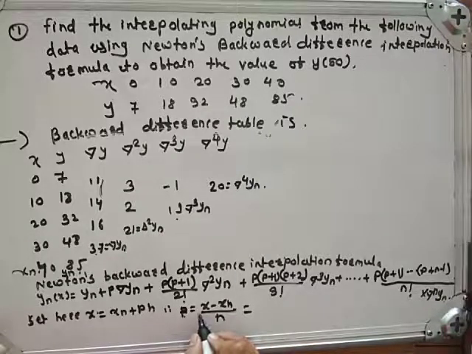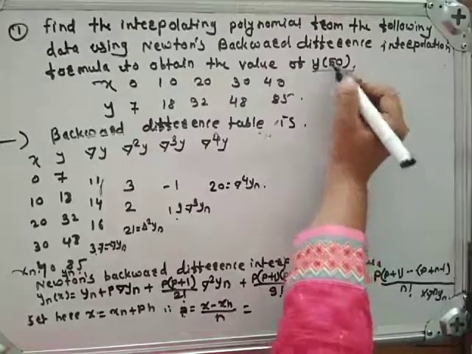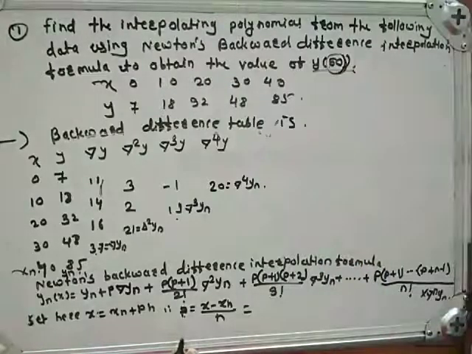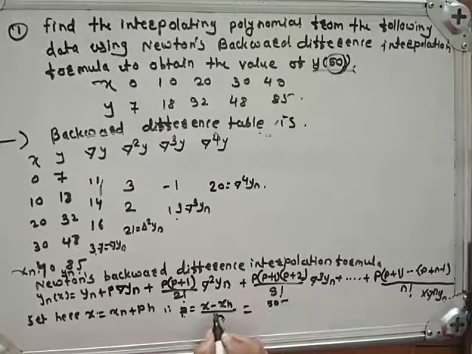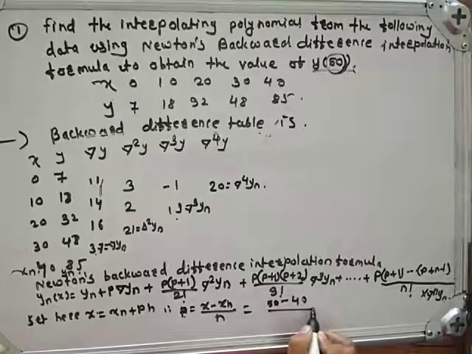What is the value of x? Here we have to find y of 50. So value of x is 50. 50 minus xn. Xn is 40 upon h.